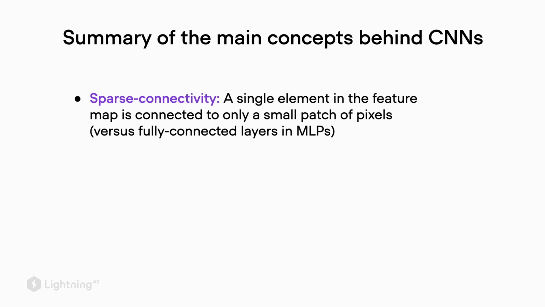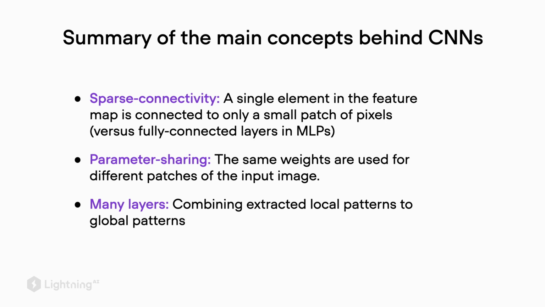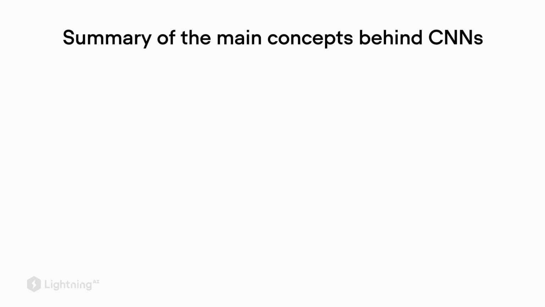Another key idea is weight sharing, or parameter sharing. That means we are sharing the same weights for different patches in the input image. And another main idea is that we have many layers. Using many layers allows us to combine these locally extracted patterns to form global patterns for the multilayer perceptron unit at the end, which does the classification.